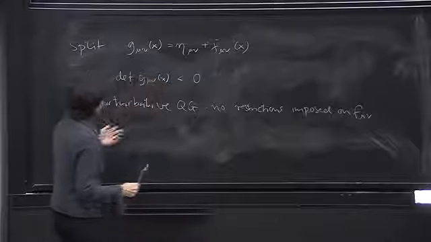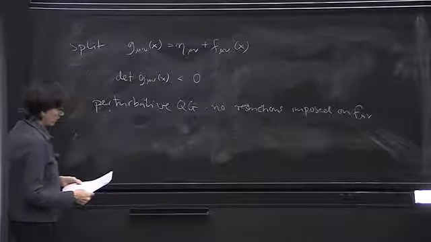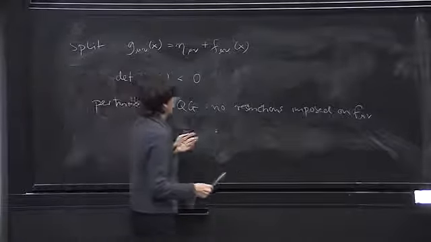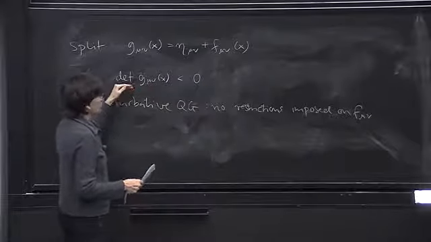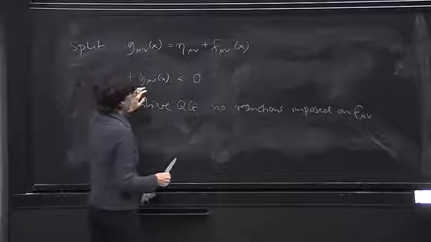So one says, well, there's something intrinsic about this. Can I think of quantizations which respect such an inequality on the g mu nu?